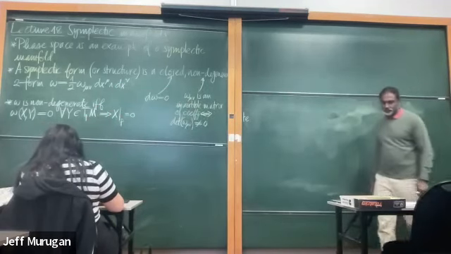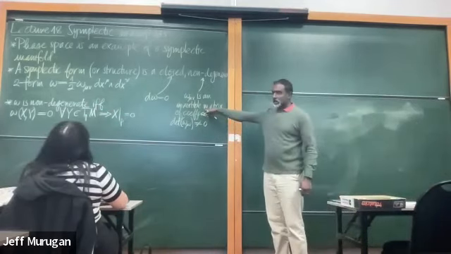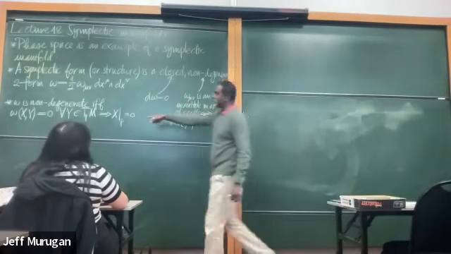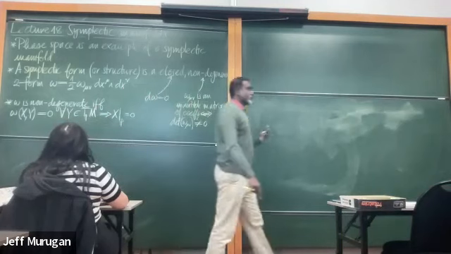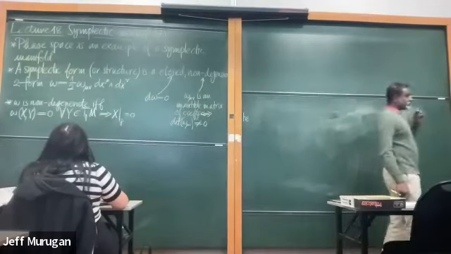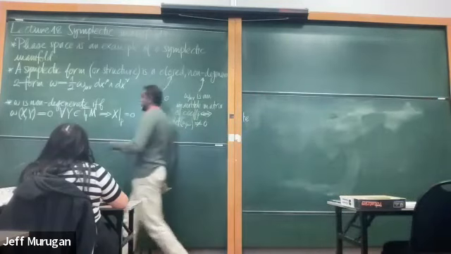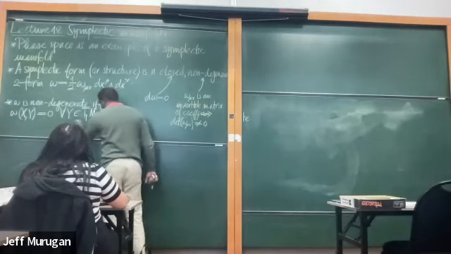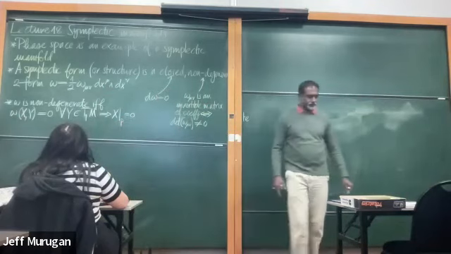They're equivalent statements. This is an equivalent statement to having an invertible matrix of coefficients. So you can check by picking a set of coordinates and showing that this is true. It's a non-degenerate matrix if and only if omega acting on two vectors X and Y is 0 for all Y in the tangent space at P implies that X at P is also equal to 0.